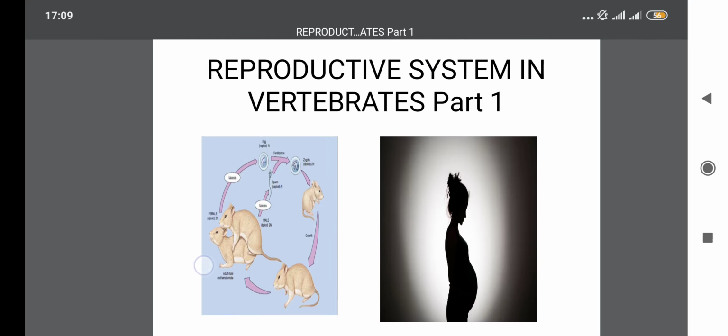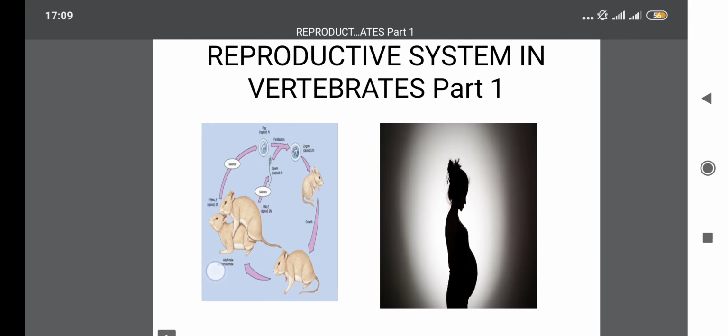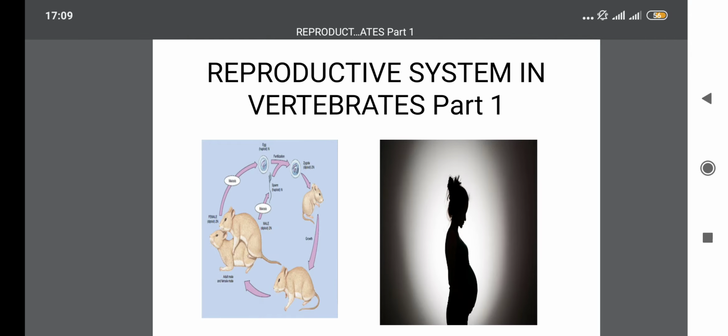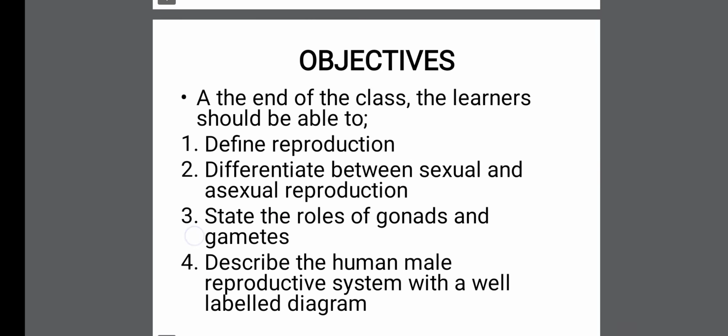It's going to be part by part, and I want you to know that this topic is going to take the major part of this term's work because it's subdivided into different parts.